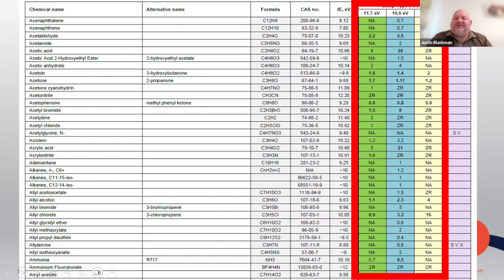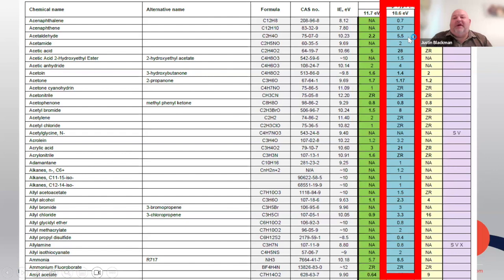If a response factor is higher than 5, I would ask us to ask ourselves, would a 5 response factor, which would ask the instrument to multiply all the screen readings by 5, be a problem? So just imagine, for example, I think it's the third line down, acetaldehyde is shown with a 5.5 response factor.